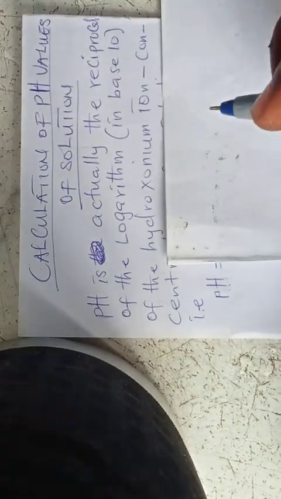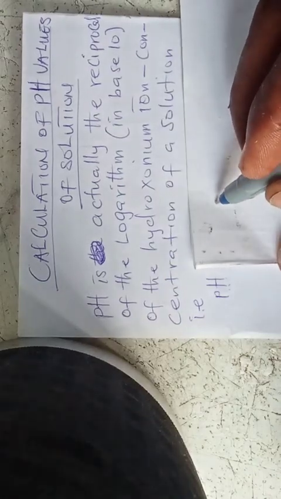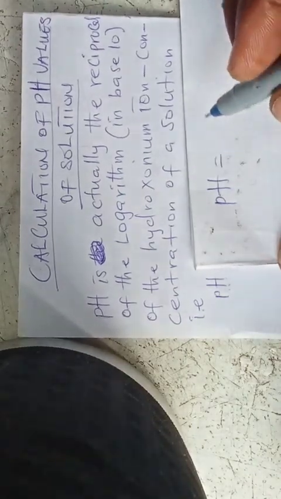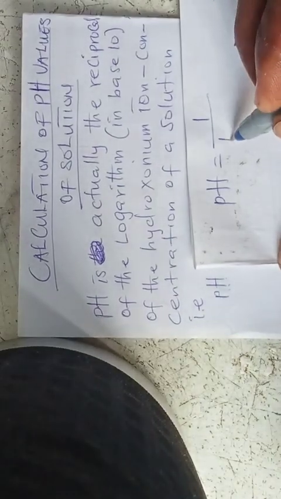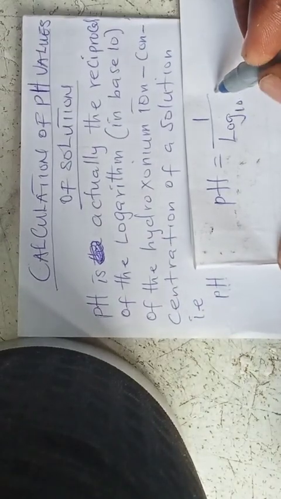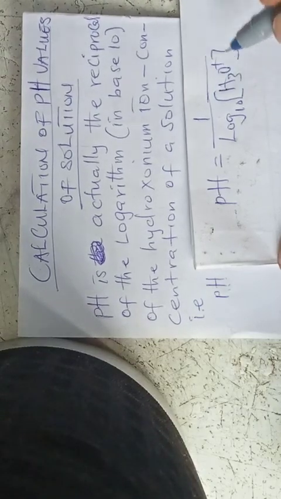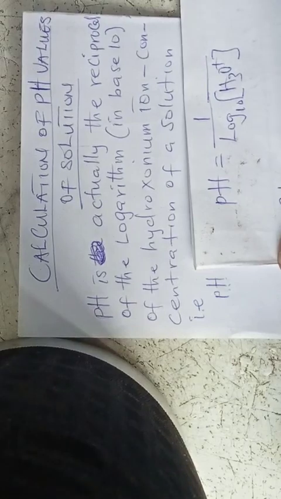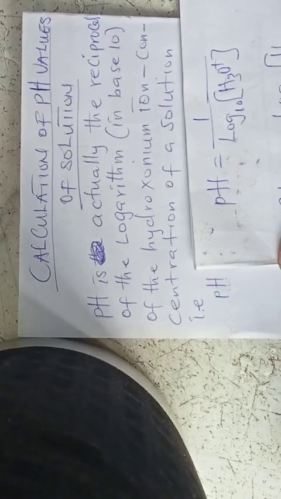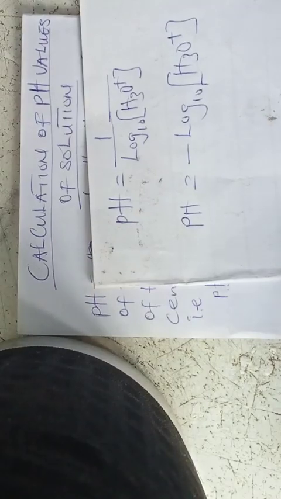So pH equals 1 over log 10 of the hydronium ion concentration, or we can also say pH equals the negative log 10 of the hydronium ion. Any of these equations can serve.